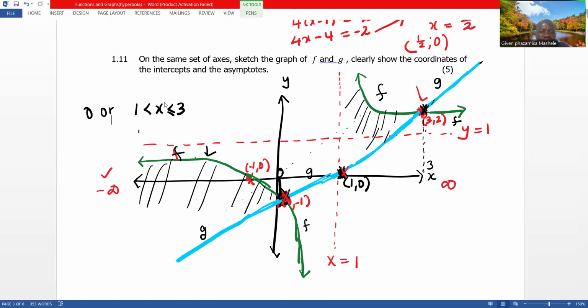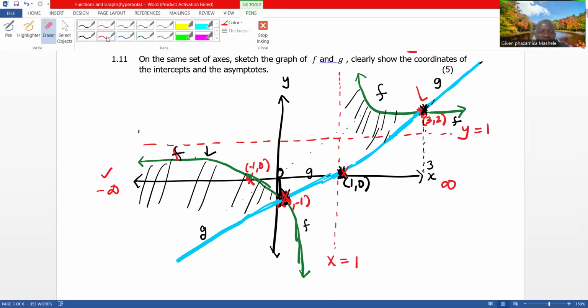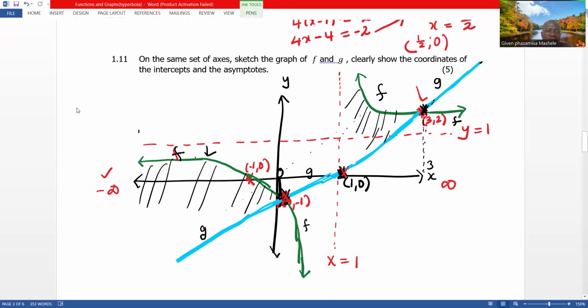So here we want the value of x where f of x times g of x is less than or equal to 0.